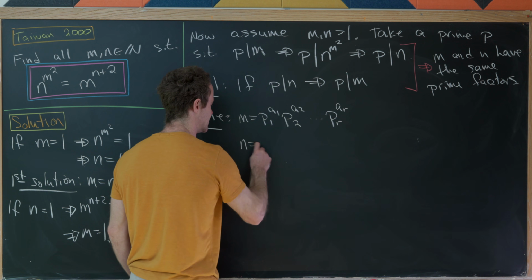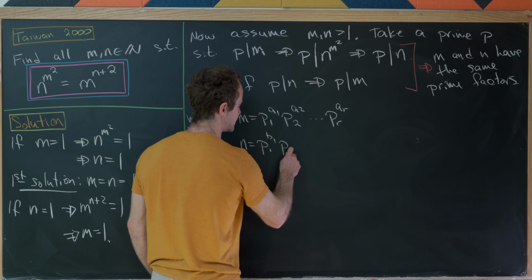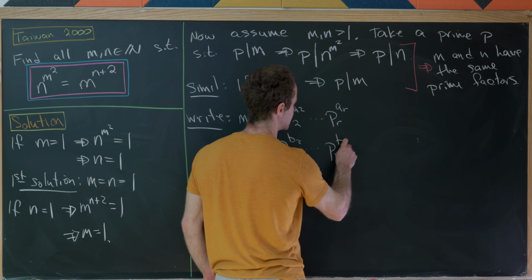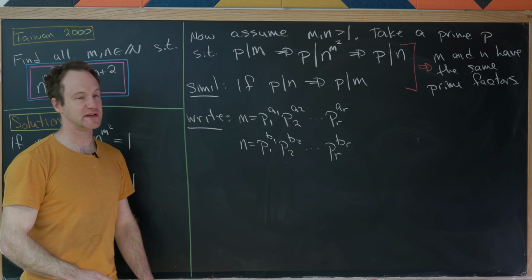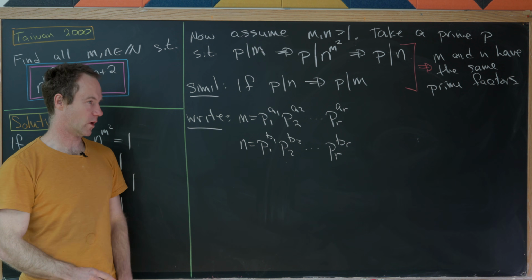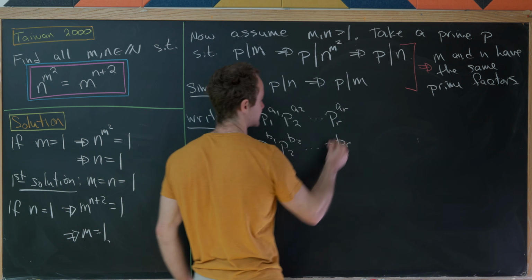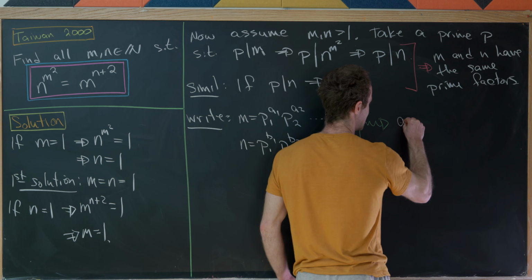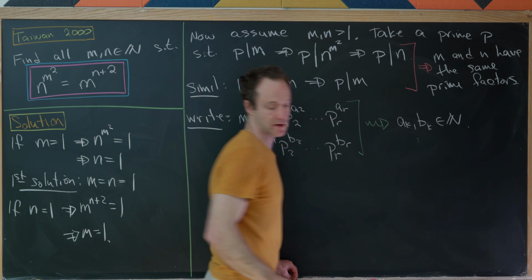And then likewise, n can be written as p1 to the b1 times p2 to the b2, all the way up to pr to the br. And the important thing is we can take all of these exponents to be at least 1. And that's again because they have the same prime factors. So where ak and bk are all natural numbers.